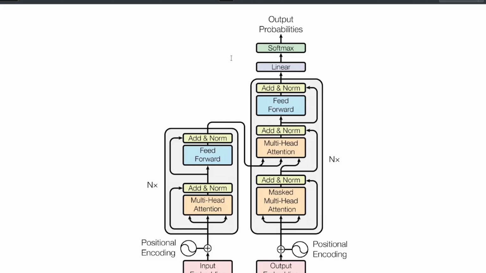Like if you said the United States of, probabilistically, a lot of people would say America is the next word that follows. So that's what a transformer like ChatGPT does. It takes a sequence of words like the United States of and says, based on the data I've been trained on, what's the most likely word that comes next? It's America.